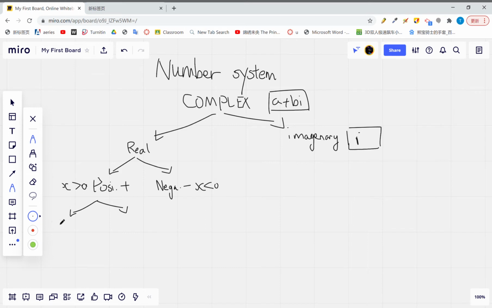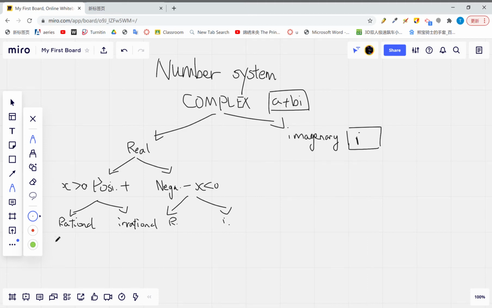Positive can be rational and irrational. Irrational is obviously not a rational number. And same as negative. The rational number is every number that can be expressed as a fraction.